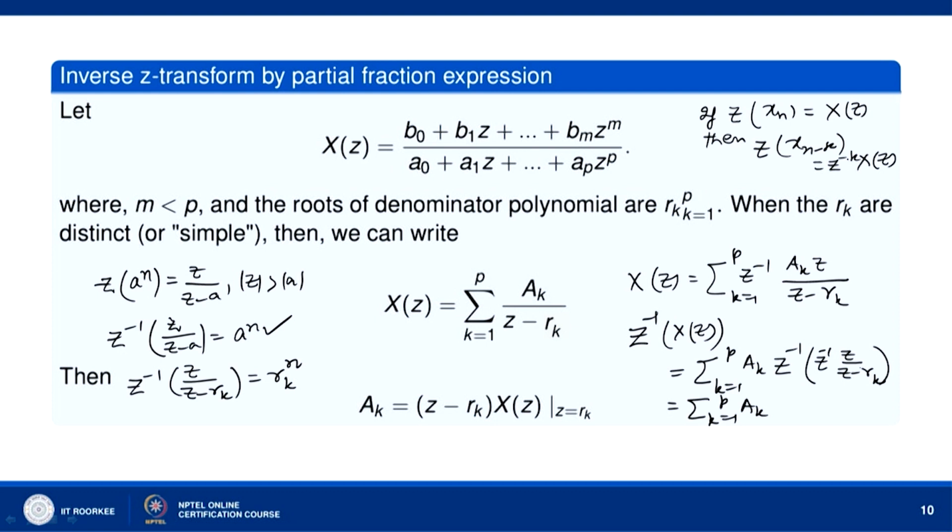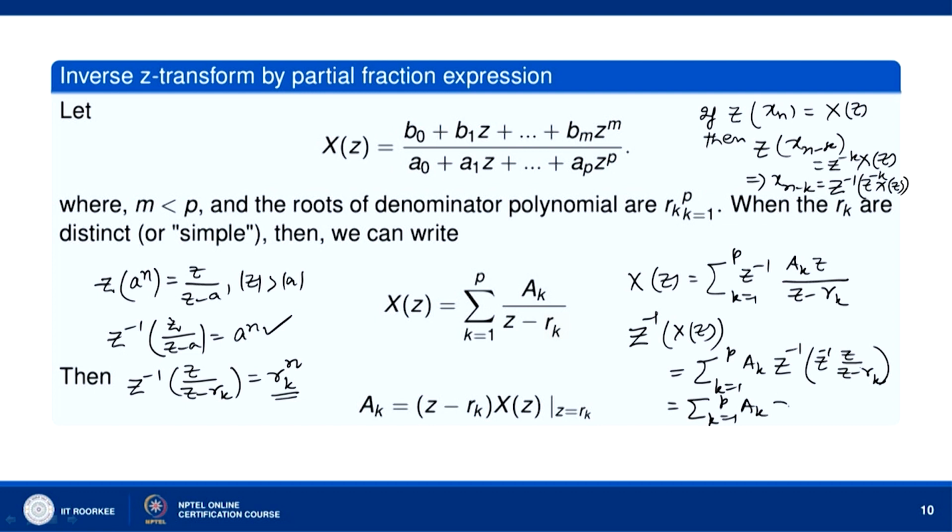You see, if you take the inverse Z transform, this will imply that x n minus k equal to Z inverse of Z to the power minus k X z. Okay. So, take k equal to 1. Z over Z minus r k has inverse Z transform r k to the power n, and when we multiply by Z to the power minus 1 here, n is replaced by n minus 1.